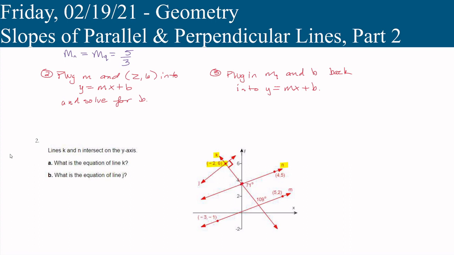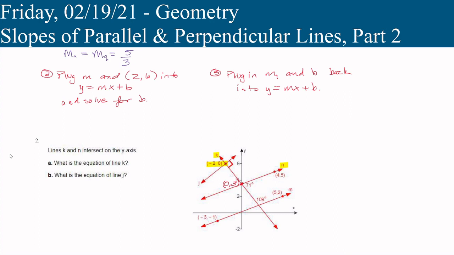I'm going to say that's about at, and this is not to scale, 0, 3. So now you have 2 points for line K. What can you do with 2 coordinate points? Well, for one, you can find a slope. Then you plug that slope into slope-intercept form using this point, and you can find your y-intercept. Or you actually have your y-intercept here. See? It's about 3. So you just plug that in to your slope-intercept form.